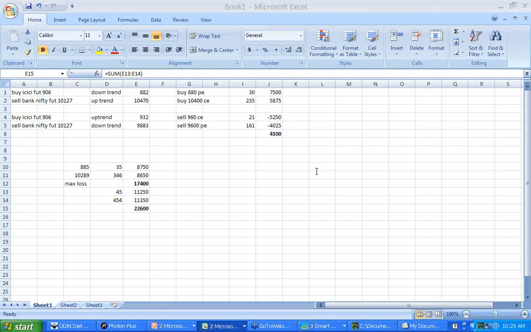So here what happens, if you hold it for 10 days and during this 10 days you do not get any of the success, then you can come out.